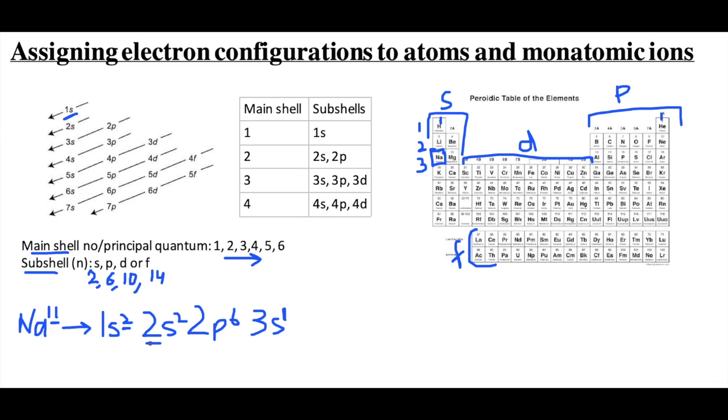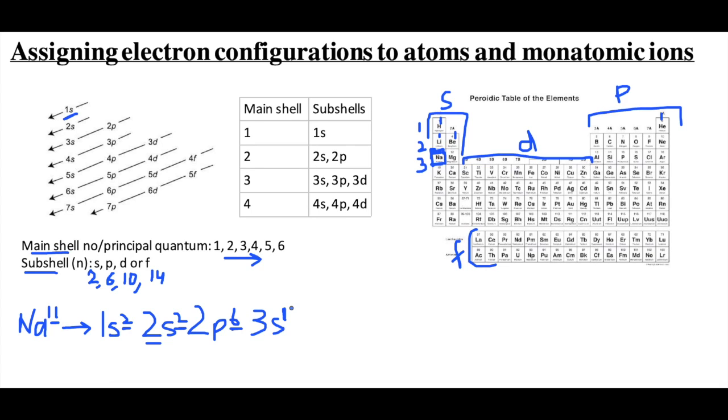For the second main shell, we go to this second row, and we have 2 elements in the S block. So we write 2, and we have 1, 2, 3, 4, 5, 6 elements in the p block, so we write 6. And for the sodium, there is only one element in the s block of the third main shell, so we write 1. So this is another way to work this out.